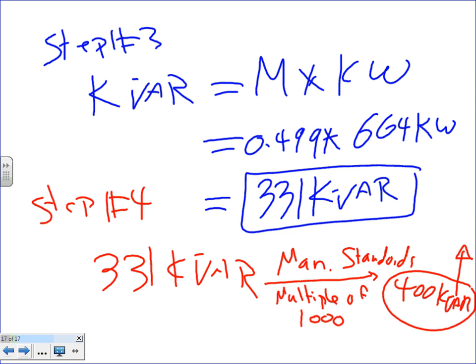Everybody's following with me, guys? In Chad's book, just go to the next 100: 100, 200, 300, 400. Just for the sake of calculation. In real life, you're going to go to a manufacturer and find the next standard. 400 kVAR. So I know what size my capacitor is going to be. It's going to be a 400 kVAR.